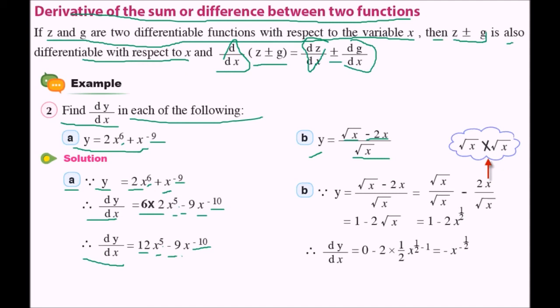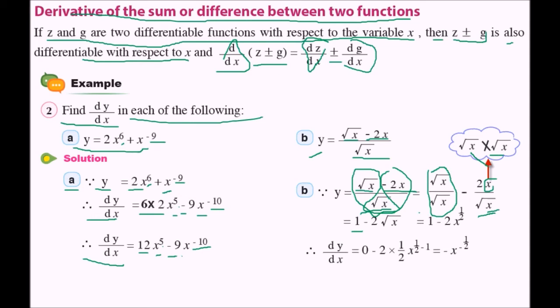B. Since y is equal square root of x minus 2x over square root of x, we can separate square root of x over square root of x minus 2x over square root of x. Square root of x over square root of x is equal 1, and the 2x over square root of x is equal square root of x times square root of x.